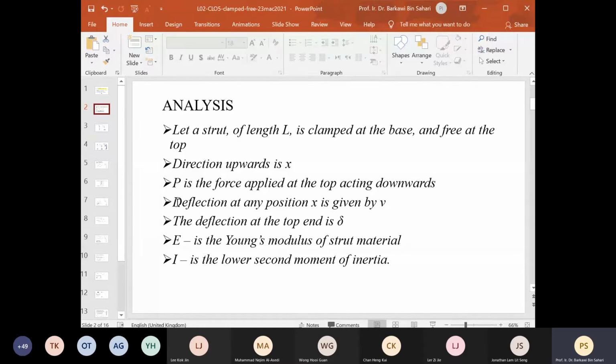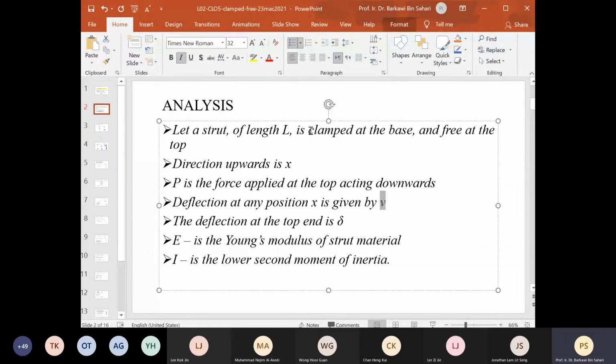Number 3 is the deflection at any position, given by V. V is the general deflection at any position X. Now at the top end, or at the free end, the deflection is delta.